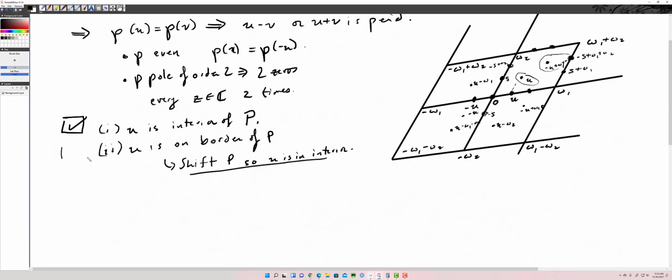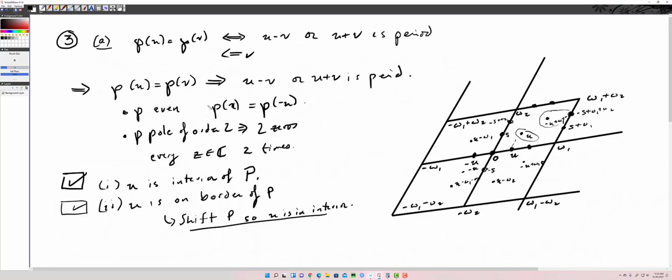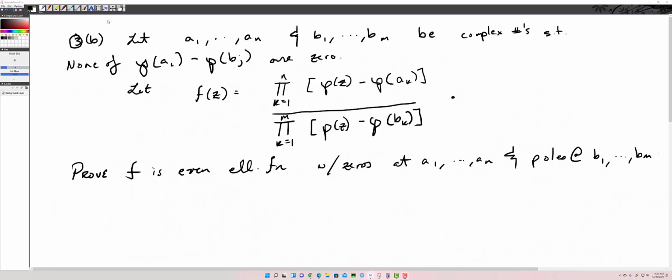So this second case really isn't troublesome at all. And that's enough to give us both sides of this. So that gives us the full if and only if.